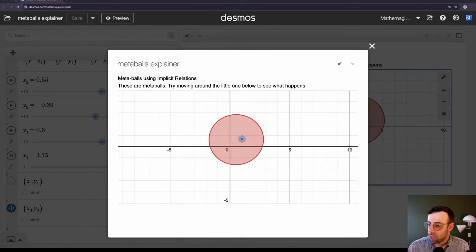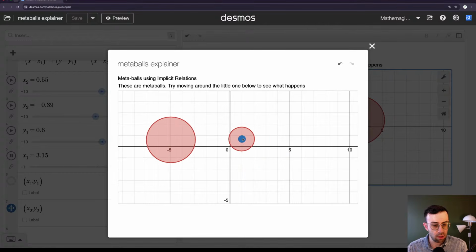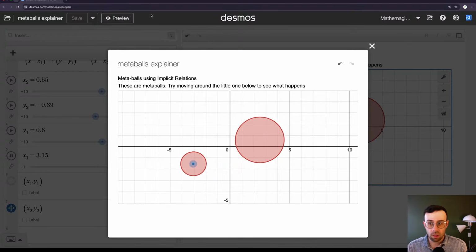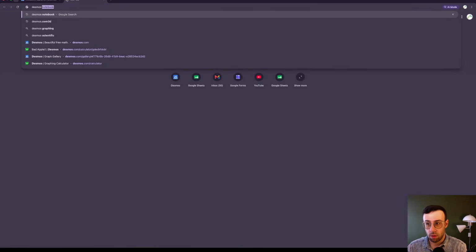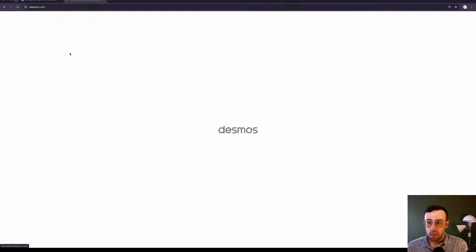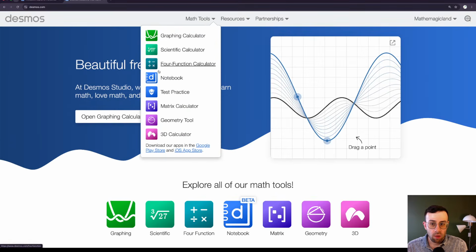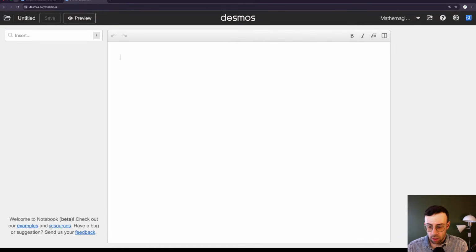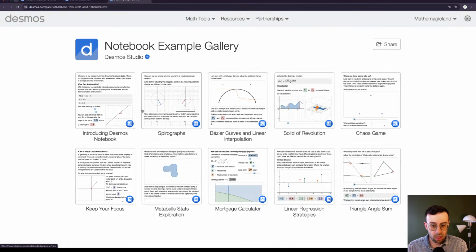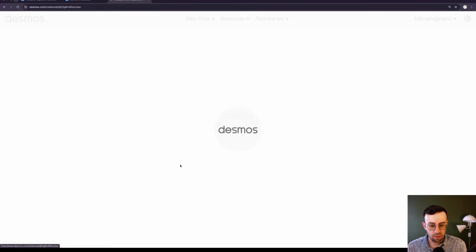Oh, you've been using max, min, 1, x, 0, is that for metaballs? Yeah, I think you can use max and min. It's just, this is the equation I found on Wikipedia when I searched up metaballs. One of the example notebooks actually uses metaballs, and I think that's how I first saw this a few months ago.